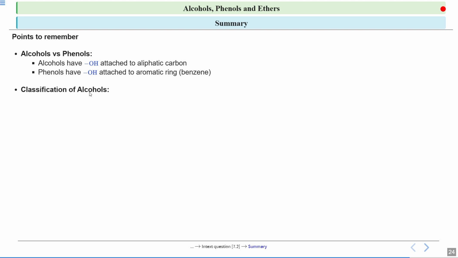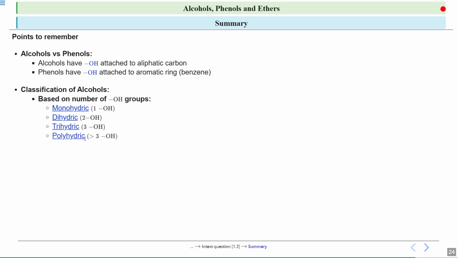Then we have seen the classification of alcohols based on the number of hydroxyl groups. They will be monohydric, containing one hydroxyl group, dihydric containing two, trihydric containing three hydroxyl groups in a single molecule, and polyhydric meaning more than three hydroxyl groups in a molecule.